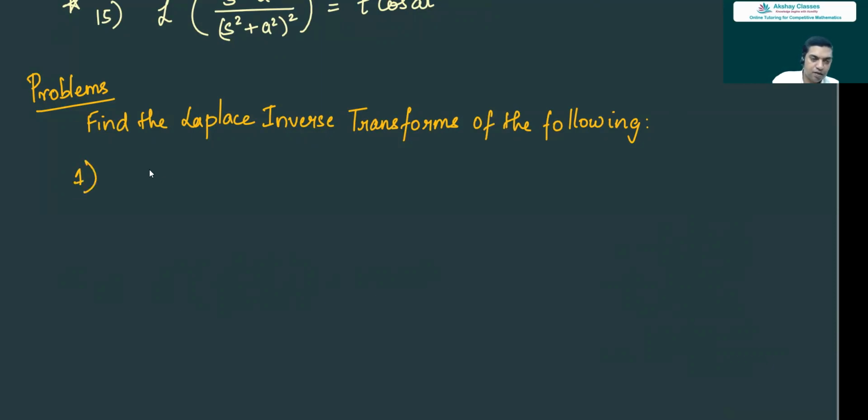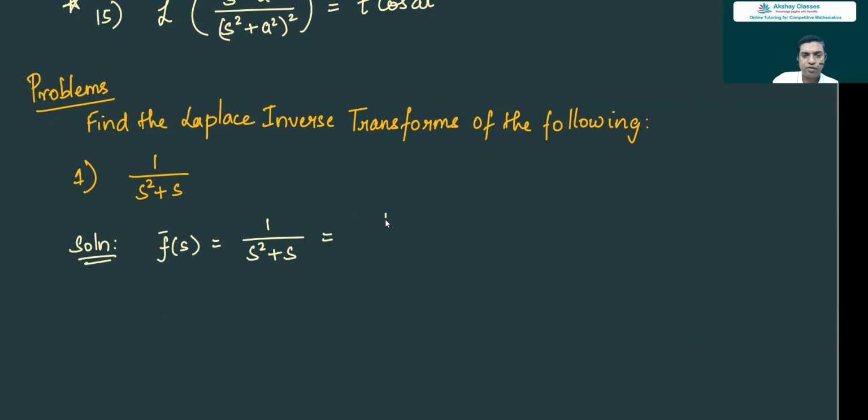First, 1 by s square plus s. So f bar of s is 1 by s square plus s. So this is 1 by s into (s plus 1).